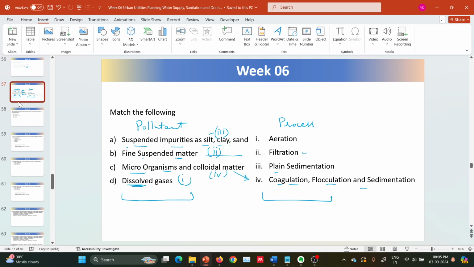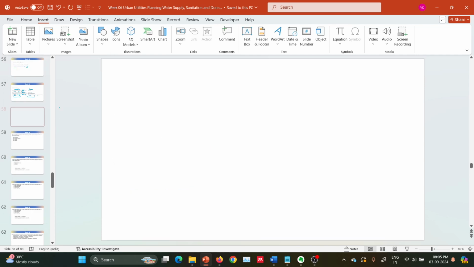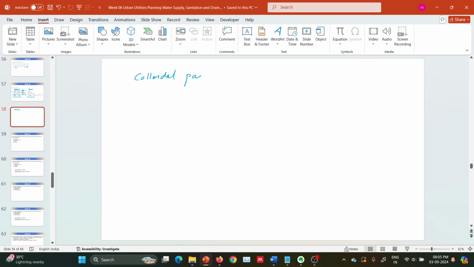So one more thing. Colloidal particles are very small and we call them stable. We make them destabilize with the help of coagulants.